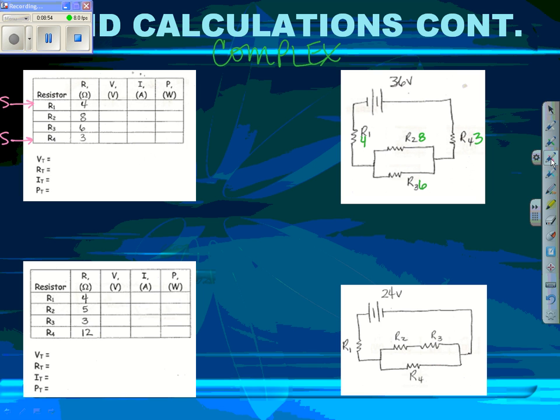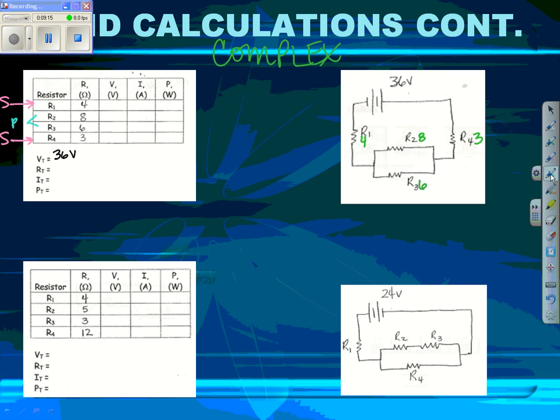My parallel resistors are R2 and R3. So I've marked those in pink and blue so that I can deal with them accordingly when I get to them. Now I can come down here on VT and write 36 volts because that's just a given variable.